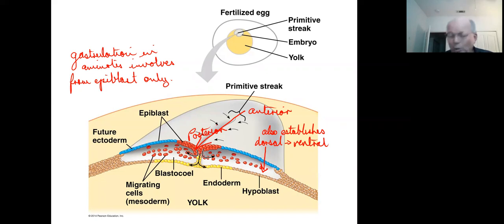This is something that is somewhat unique to amniotes, the fact that not all cells in the blastula are going to contribute to the embryo because they get moved out of the way as part of gastrulation. As the germ layers form, they are not formed by all of the cells contributing to the blastula as we've seen previously. So this is a difference as far as amniotes are concerned.